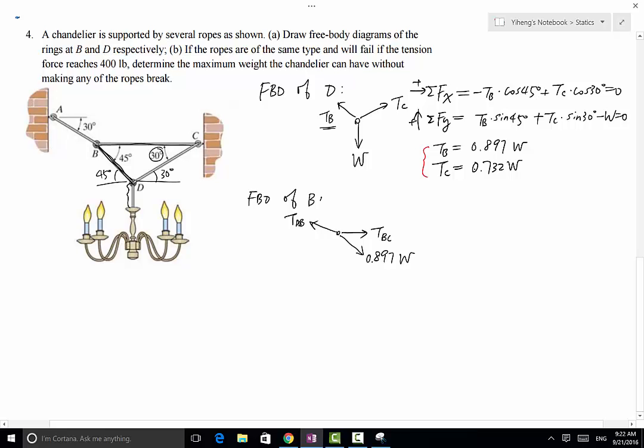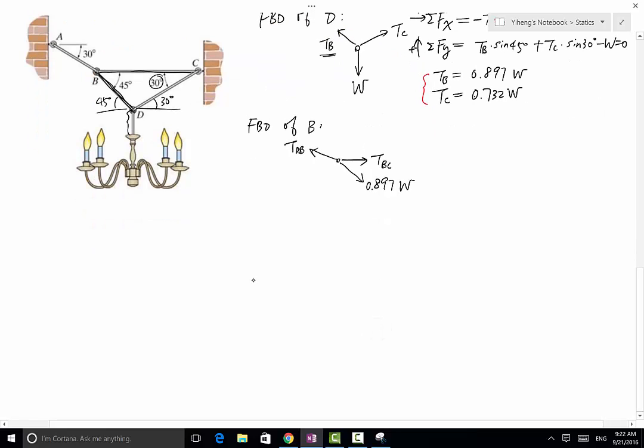Again, I can set up my Newton's first law equations. The resultant force along the x direction equals negative TAB times cosine 30 degree, since this angle right here is 30 degree, plus TBC, plus the x component of this force, 0.897 W times cosine 45 degree, equals 0.